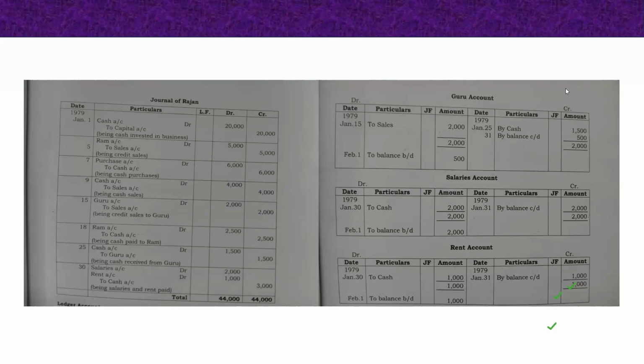So that will be our next session's title. And then we will be preparing the trial balance from the ledger posting and the other subsidiary books as well. Clear? Yes, ma'am. Clear.